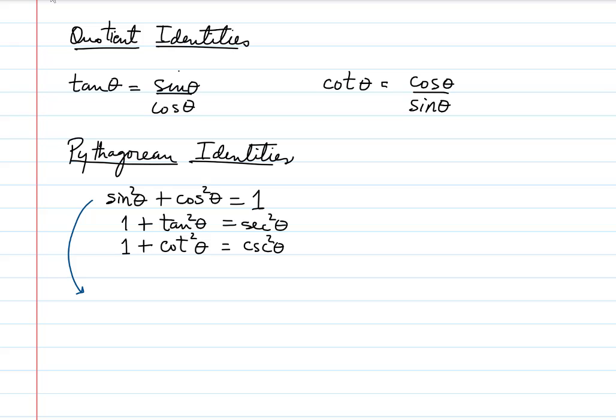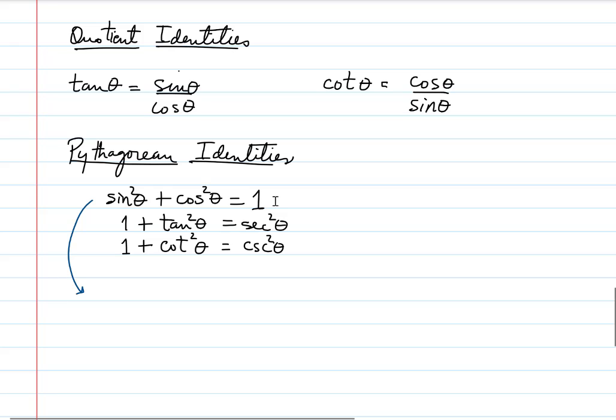And we're actually going to see more identities later, but these are the basic ones, the ones that we're going to use all the time. So the sooner you get used to them, the better. So here, if I wanted to prove or verify that this is actually true, I'm going to take one side of the identity and try to arrive at the other side without manipulating anything on the other side.